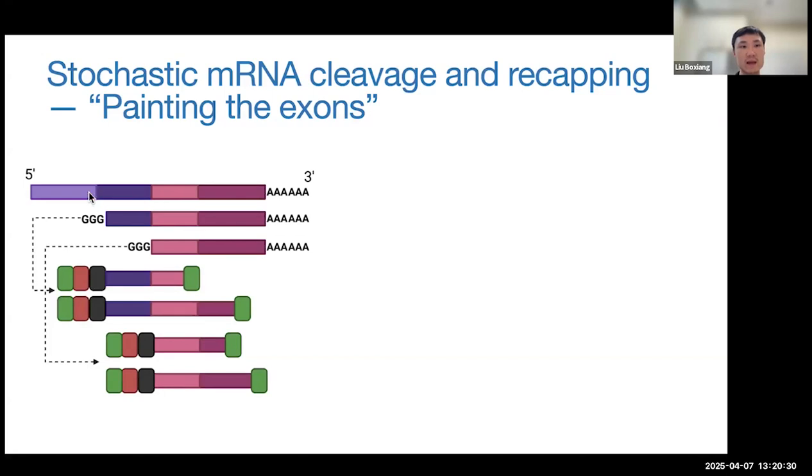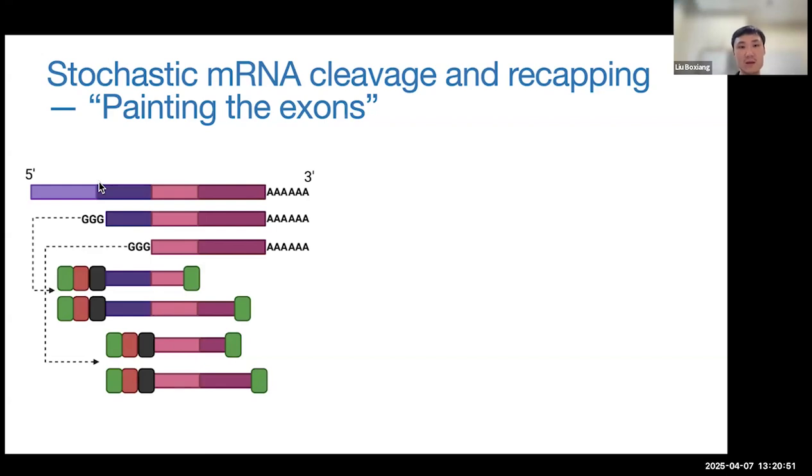So what happens is that in your cells, the cells would actually randomly cleave off the 5' UTRs. This is a protective mechanism in the cells because it generates more diverse transcriptomes without affecting the coding region.